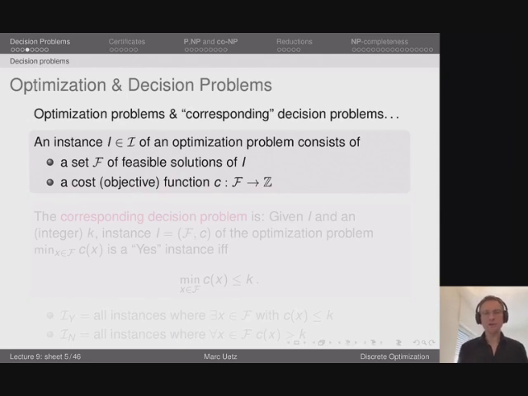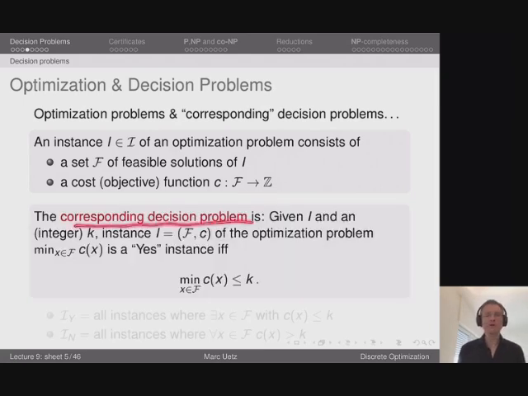And the corresponding decision version just asks the question, does there exist a feasible solution which has cost at most k? Or in other words, is the optimum solution value at most k, yes or no? Okay, so the corresponding decision version of the problem is, given an instance of an optimization problem and some threshold value k, I call an instance a yes instance if there exists a feasible solution which achieves a value at most k, which is equivalent to saying that the optimum objective function value is at most k.